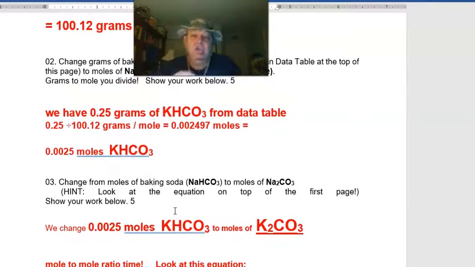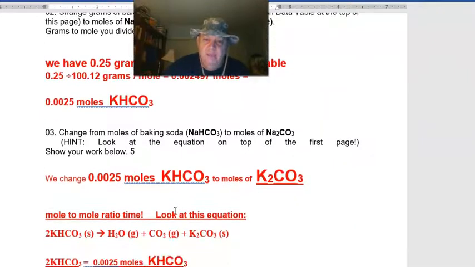So now we're going to change the moles of KHCO3 to moles of K2CO3. Okay, so that's the instructions you got here. Remember, it's in red. Okay, and this is where you're going to have your cross, multiply, divide. I forgot.